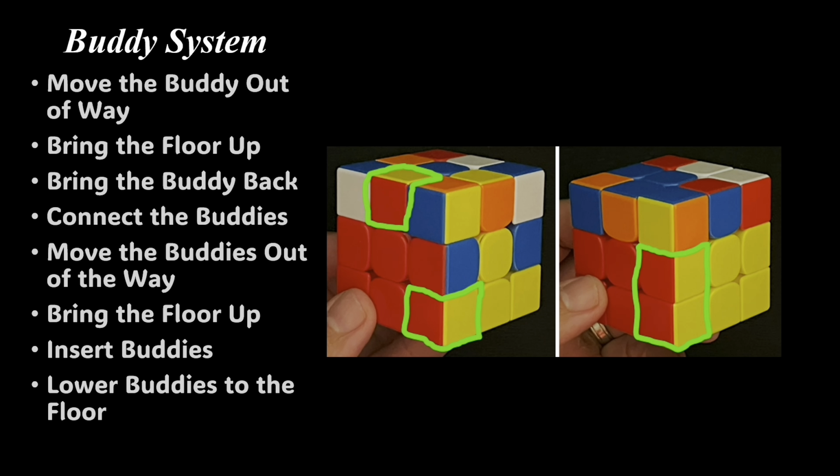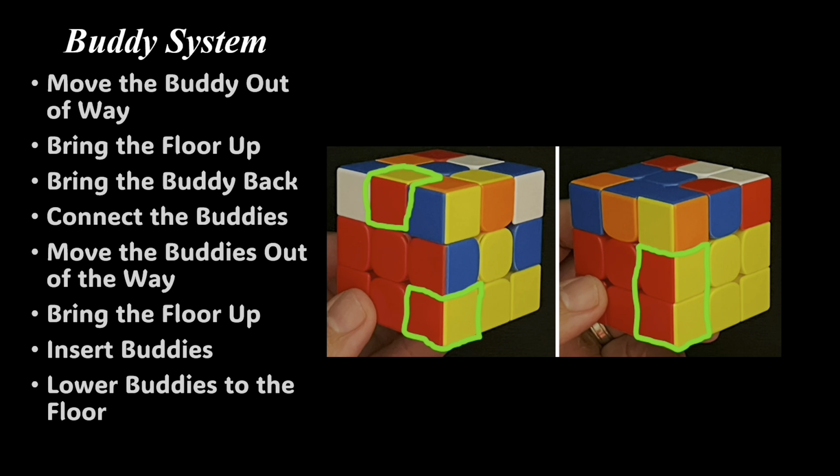And if you follow this story of the two buddies, you can do the algorithm, whether it's the left algorithm or the right algorithm, without remembering the specific letters that make up the algorithm. So here's what we do in the buddy system method. First, we move the buddy out of the way.